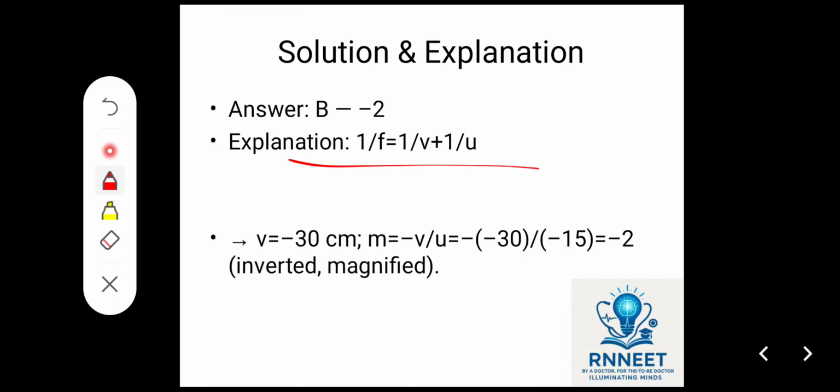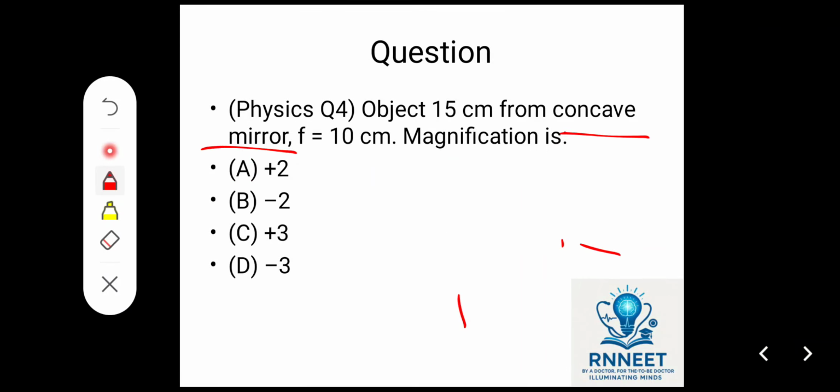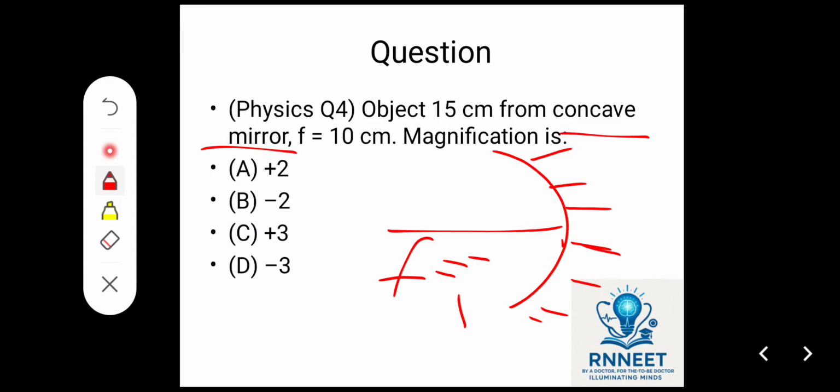So when you solve this, remember here it's a concave mirror. The mirror is concave like this, and your coated, reflective surface is inside. So your F is towards your left hand side. So F is also negative.